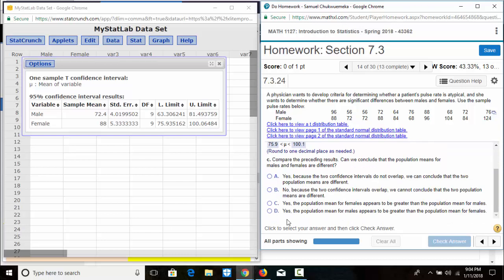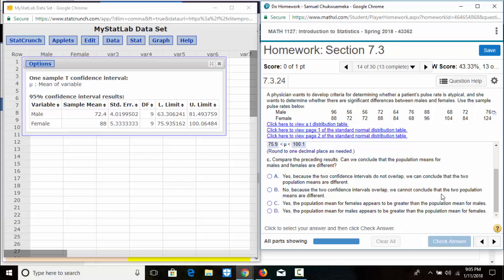Compare the preceding results. Can we conclude that the population means for males and females are different? So A, yes, because the two confidence intervals do not overlap. Eliminate A right away. B, no, because the two confidence intervals overlap.